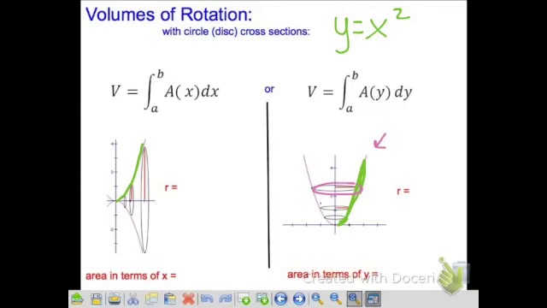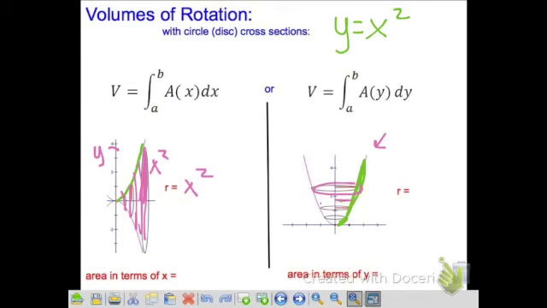For the first one, since we're slicing in this direction, those are dx changes. And since we have dx changes, we're going to do this whole thing with respect to x. Our radius, notice these are vertical values, are basically our y value, or f of x, which is x squared.